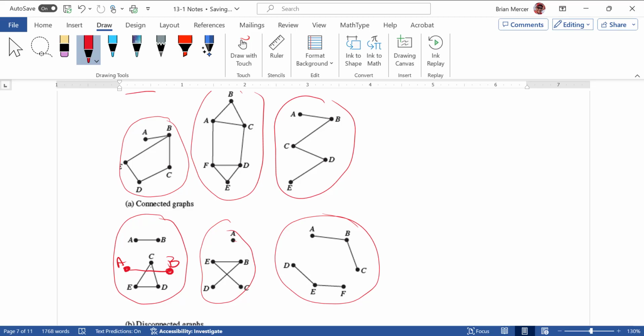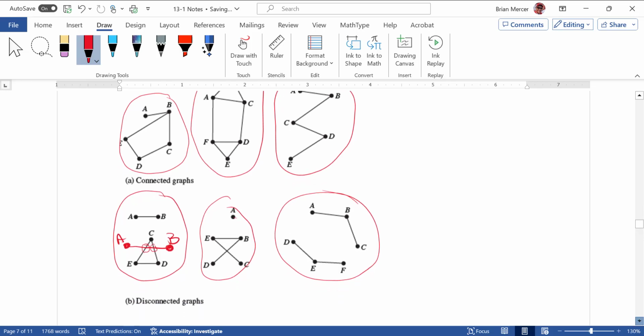So that goes back to this idea of just because lines cross doesn't mean there's a vertex at either of those two places. So just keep that in mind, what we mean when we say connected and not connected or disconnected graphs.